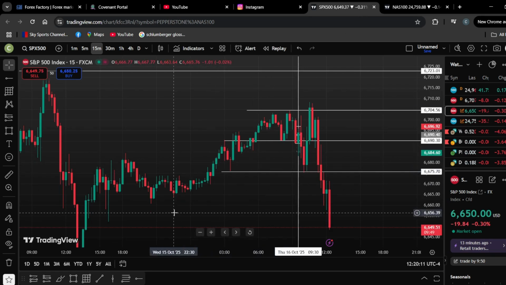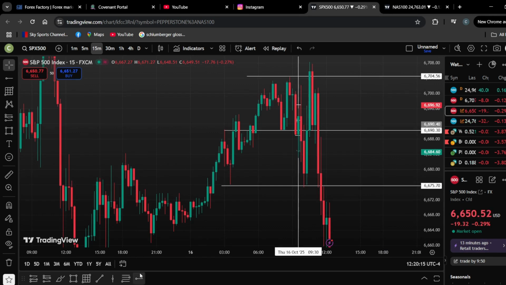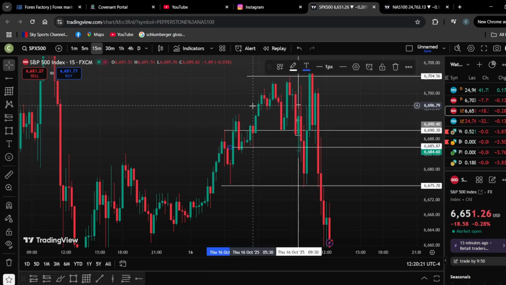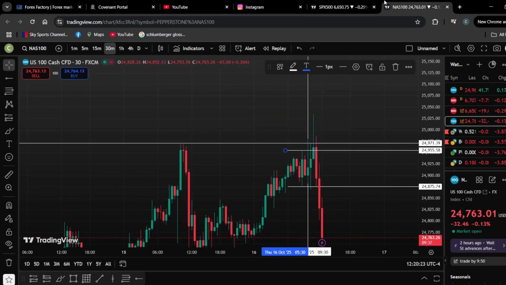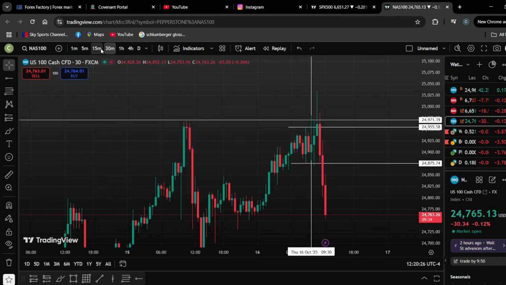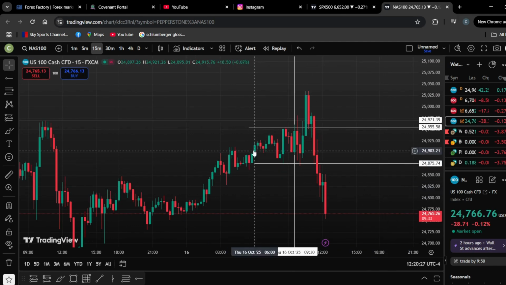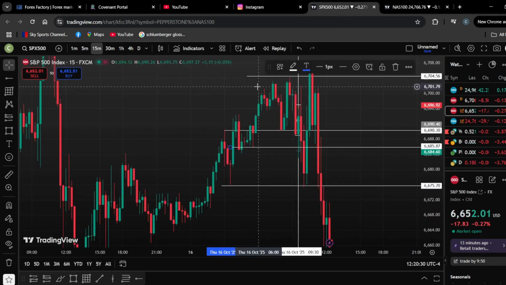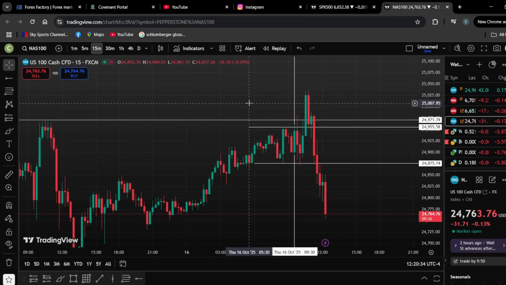At the time, we came down and we swept this 50 minutes low. When we swept it on SPS, on Nasdaq, we were nowhere close to the 50-minute low. It was the 5:30 low. Look at 5:30.